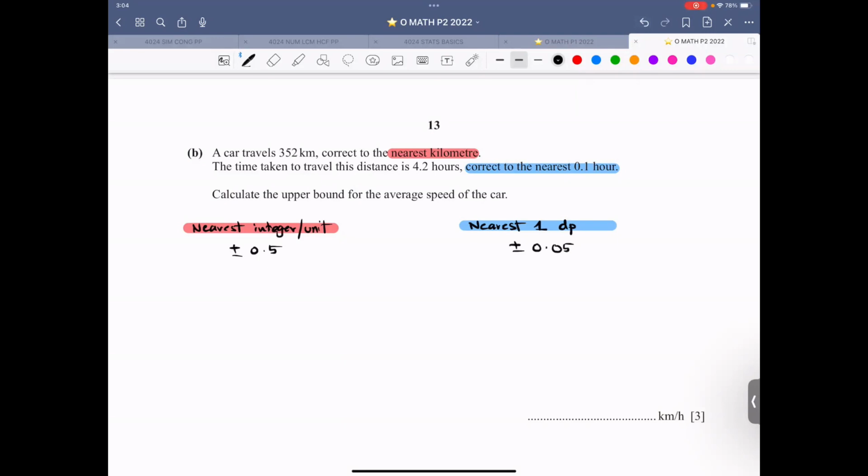The addition is for the upper bound, the subtraction is for the lower bound. That means 352 plus 0.5 versus 352 minus 0.5, and 4.2 plus 0.05 and 4.2 minus 0.05. This is upper bound, lower bound, upper bound, lower bound.